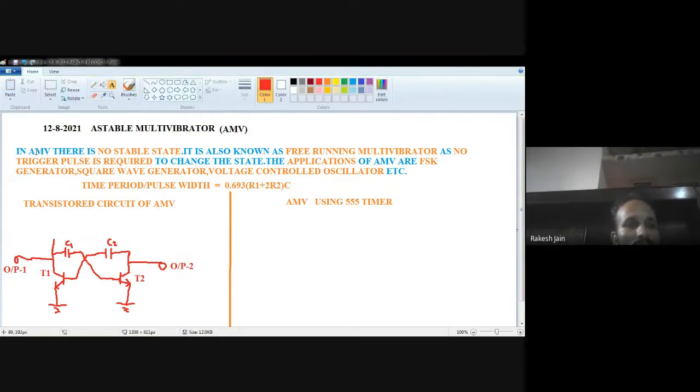Now to connect the power supply, four resistors are used. This one, this one, this one, this one. This is our VCC.